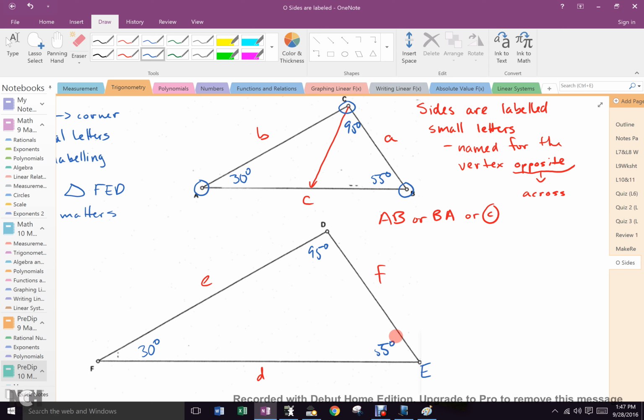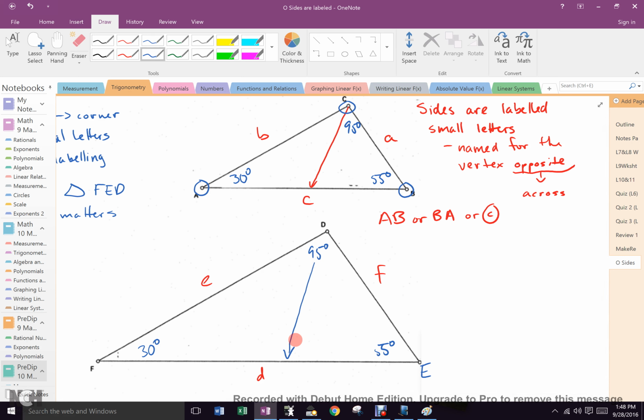Now, here's the next thing that's important to recognize on every triangle. What's the biggest angle that we measured? That was the most graceful thing I've seen in a long time. That was lovely. What is the biggest angle on this triangle? 95. What do you notice about the biggest angle and the side that it is opposite? It is the biggest side.